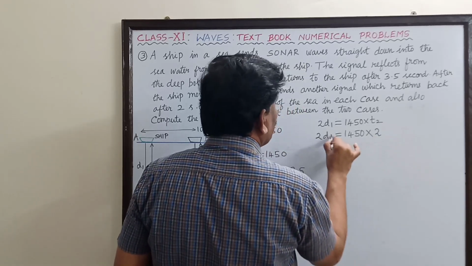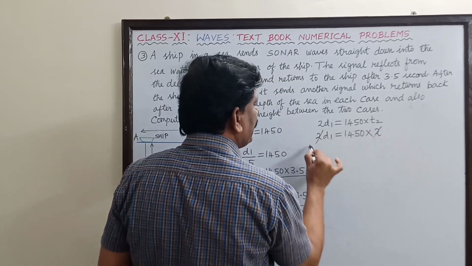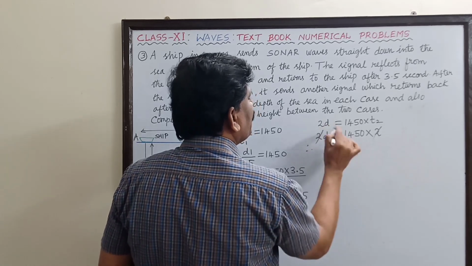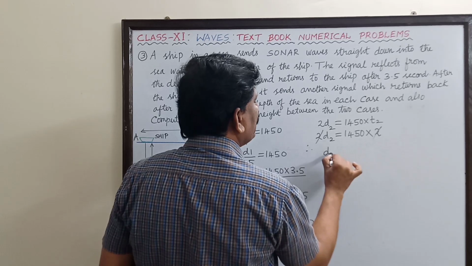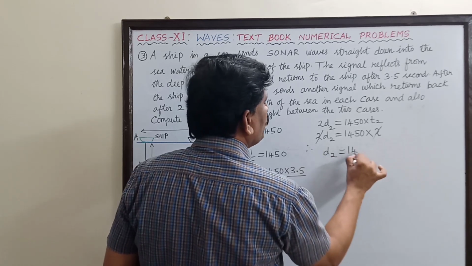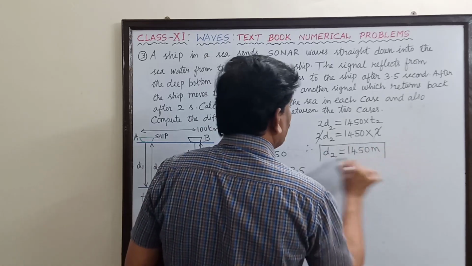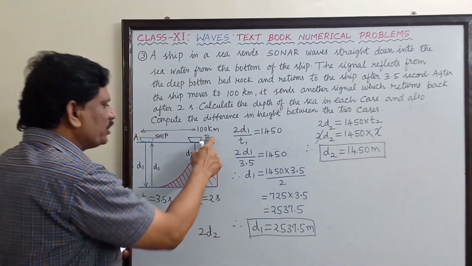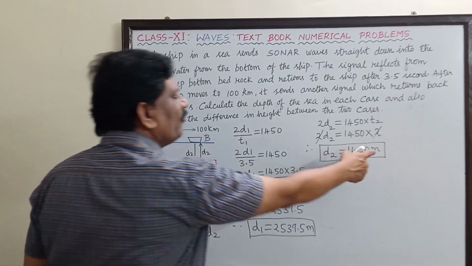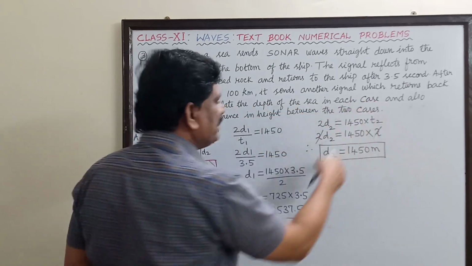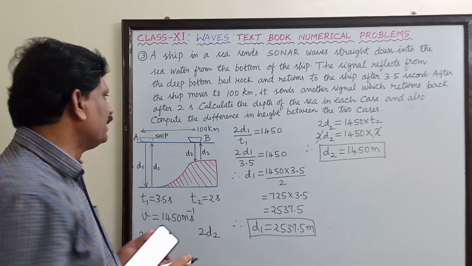The 2 and 2 get cancelled, therefore we get the depth here as D2, which must be equal to 1450 meters. So this is the depth at position B, that is D2 is equal to 1450 meters. Now calculate the depth of the sea in each case. In each case the depth we have determined.